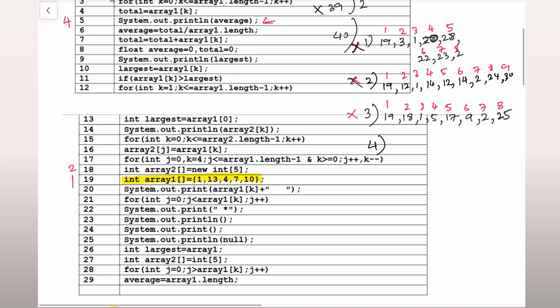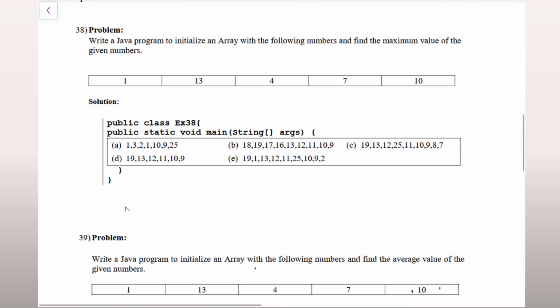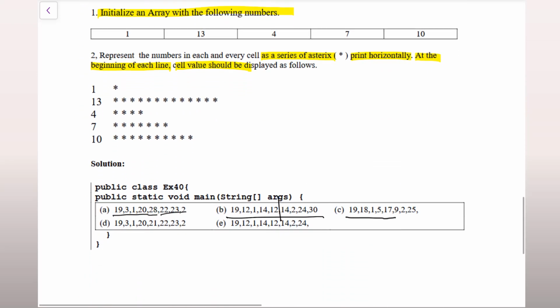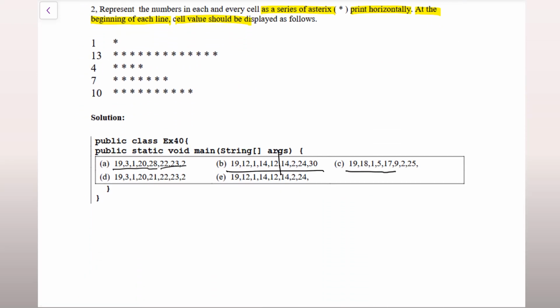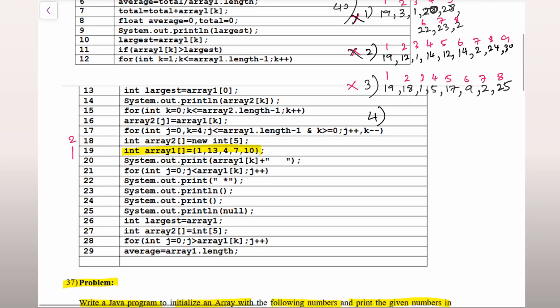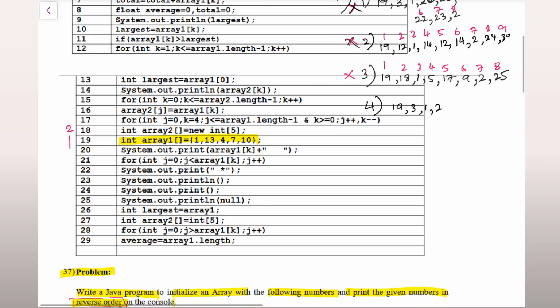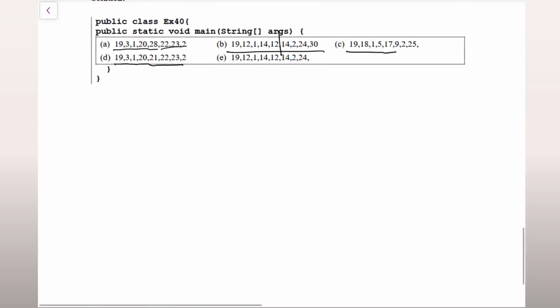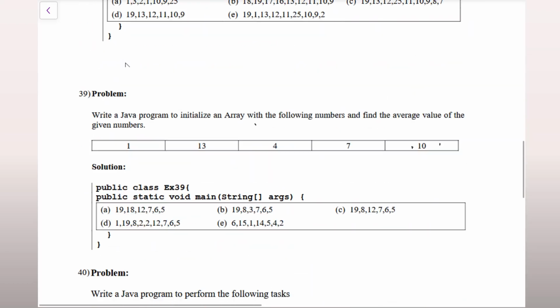And okay, answer number 4, let's look at that. Answer number 4 means D, right? 19, 3, 1, 20, 21, 22, 23. 19, 3, 1, 20, 22, 23.